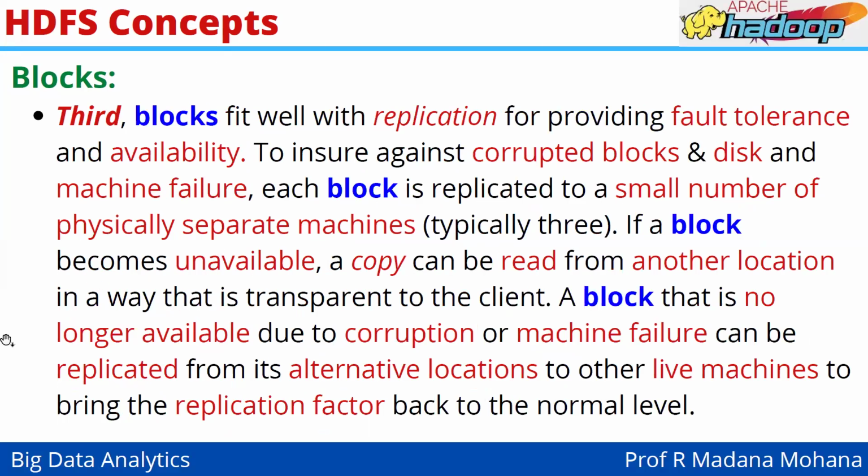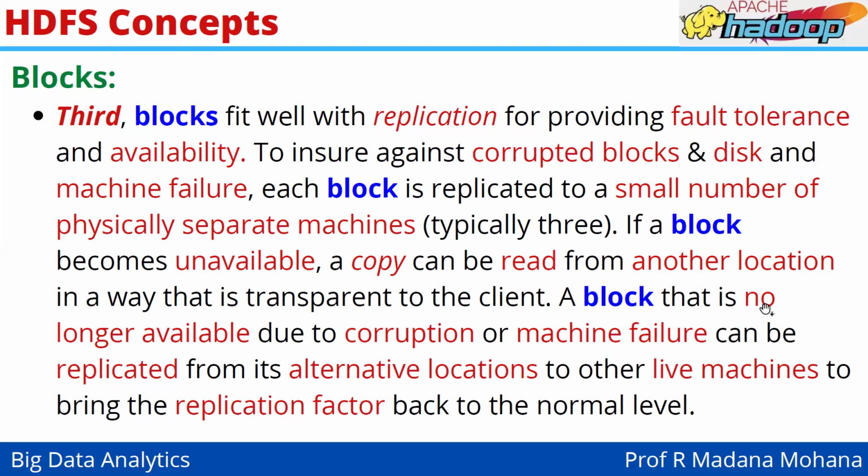The third advantage is that blocks fit well with replication for providing fault tolerance and availability. To ensure against corrupted blocks and disk and machine failure, each block is replicated to a small number of physically separate machines, typically 3. If a block becomes unavailable, a copy can be read from another location in a way that is transparent to the client.